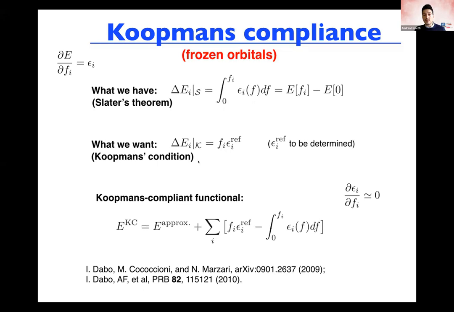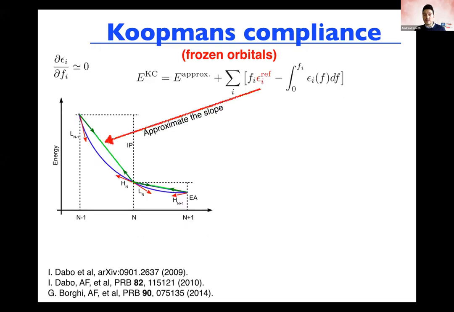Basically we would like to substitute this integral, which is the one carrying the curvature with respect to occupation, with a term that has this form, that is an occupation times a constant that is a reference eigenvalue to be determined, and then simply the correction that we have to add to the approximate density functional is just this term here. So this is the functional form of a Koopmans correction.